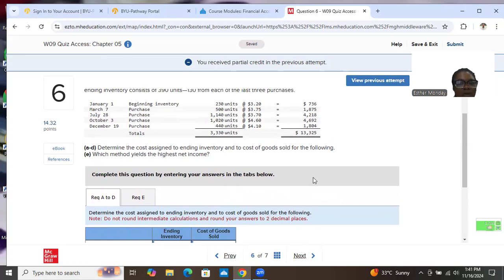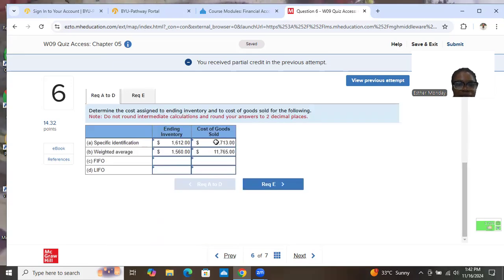So the remaining ones, you just add them up together with your unit cost per sale, and then the total will be 11,713.